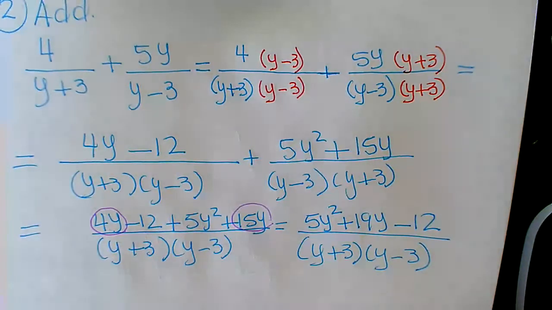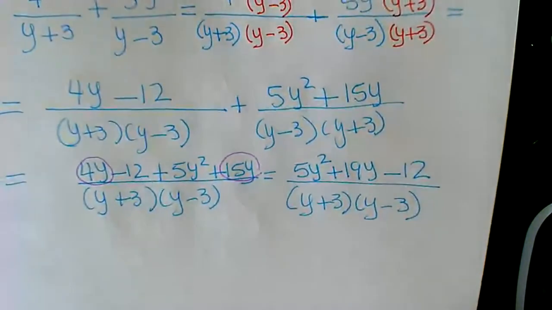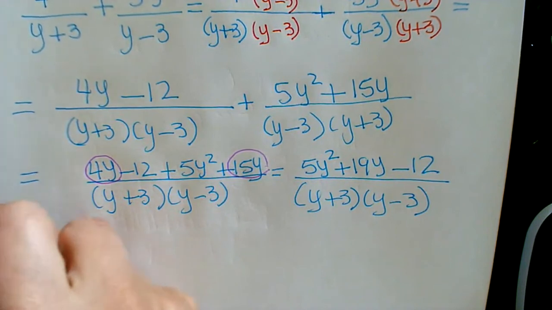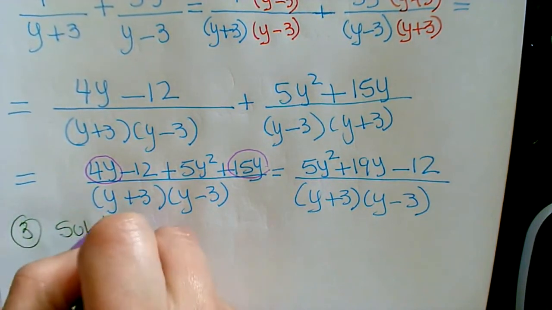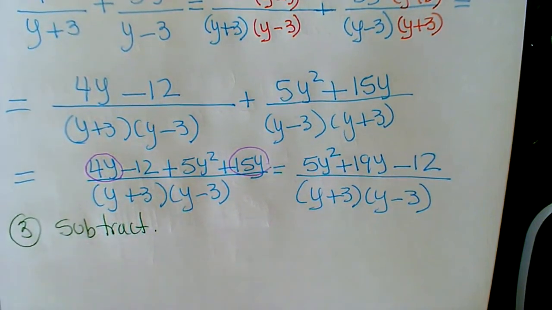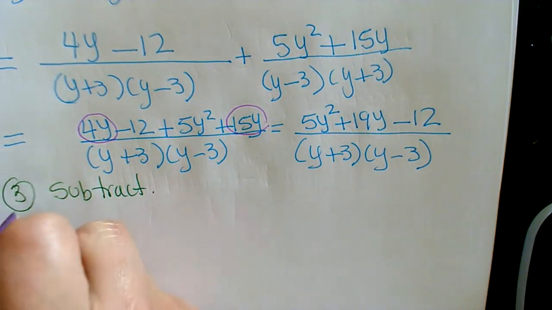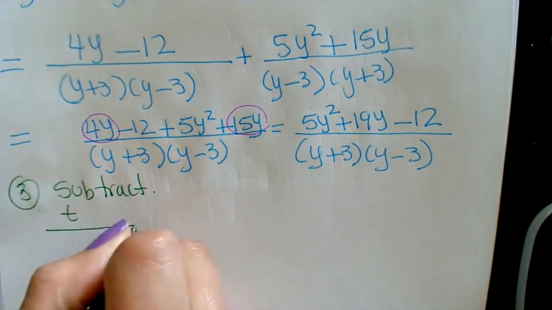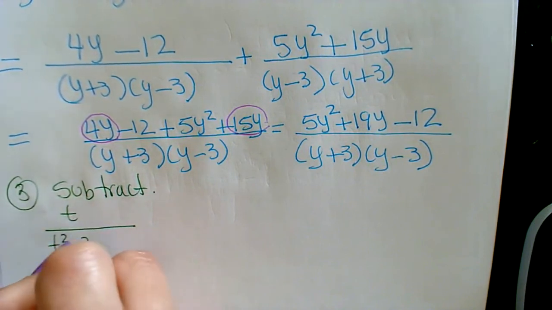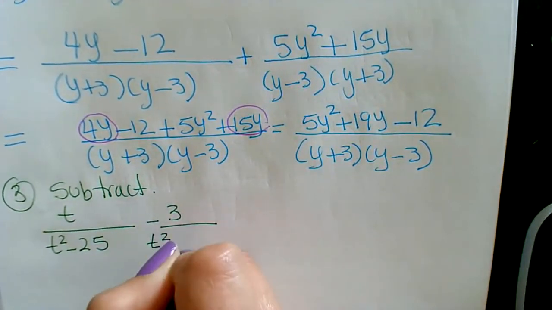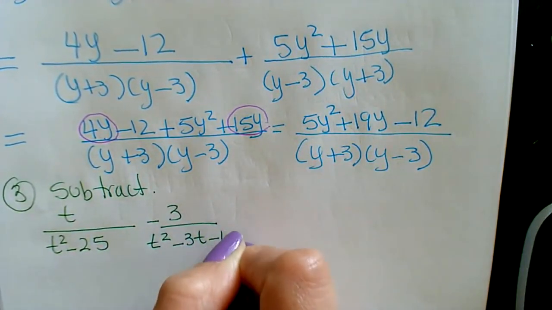Okay. Now, let's do a subtraction that we haven't done. I have quite a few that we could do. So here is this one. This one says subtract. We have t divided by t squared minus 25 minus 3 divided by t squared minus 3t minus 10.